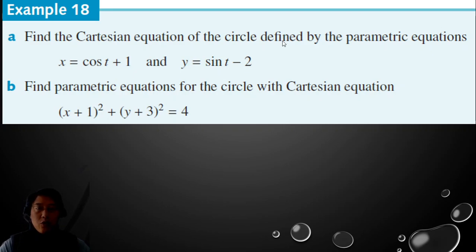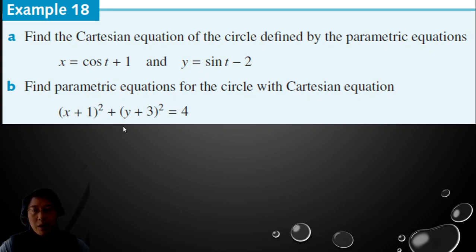For a circle, you need the coordinates of the center and the radius. The values that you add respectively to x and y dictate the translations, and so the center of the circle. So the center has the coordinates (1, -2). The coefficient in front of cos and sine is 1, so the radius is equal to 1.